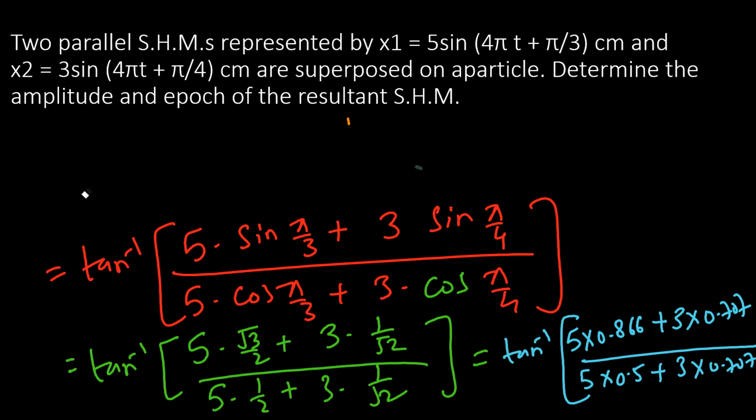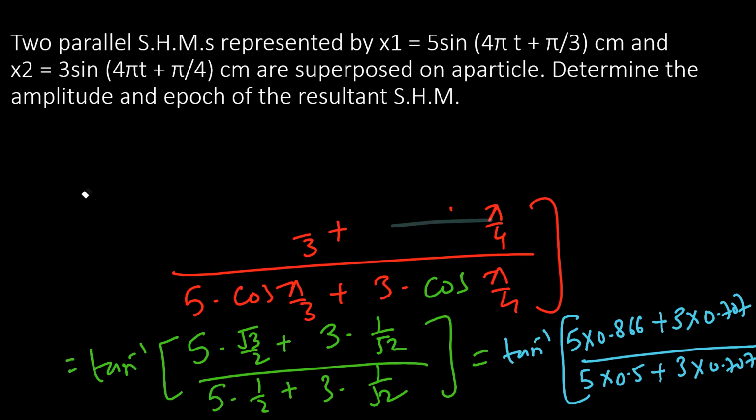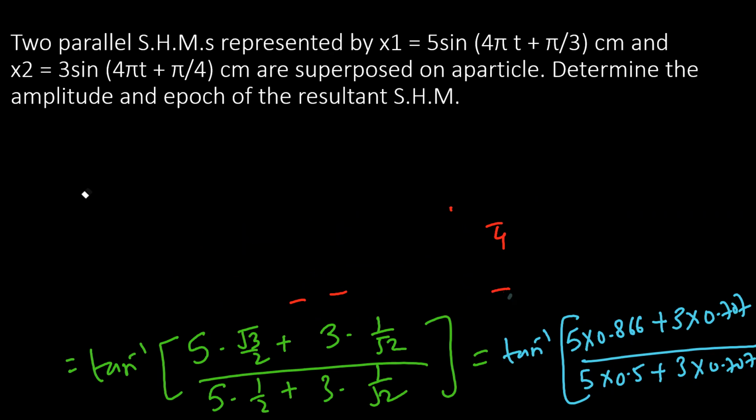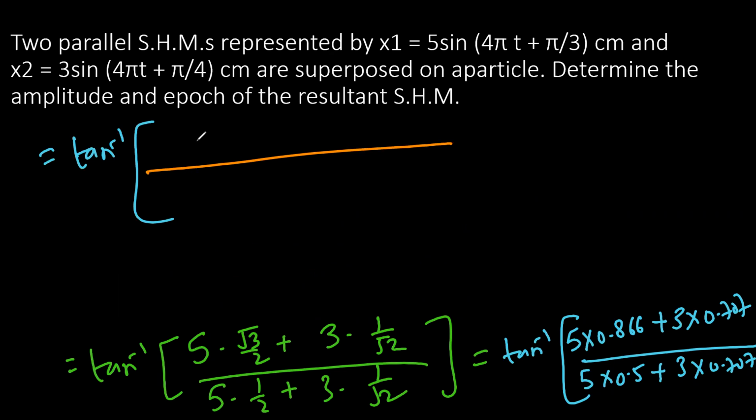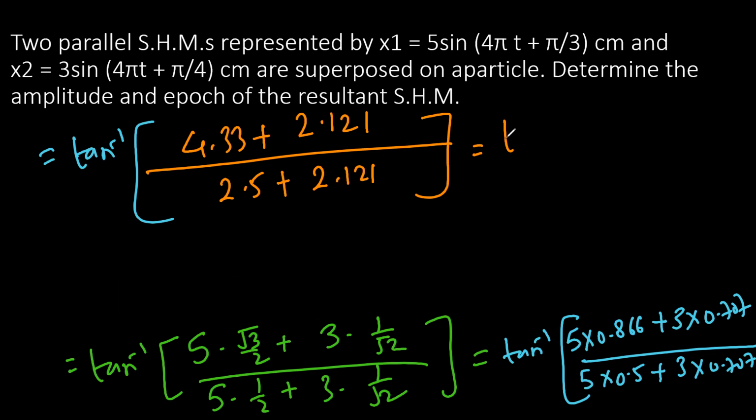So if you do all this multiplication, this will become 4.33 plus 2.12, the multiplication of both, and this will become 2.5 plus 5 into 0.5 is 2.5, plus 2.12. So what is your answer?